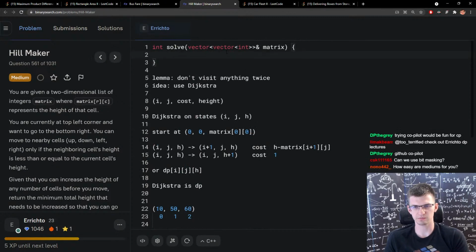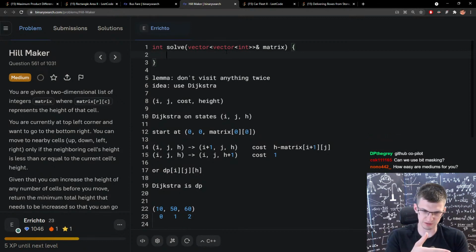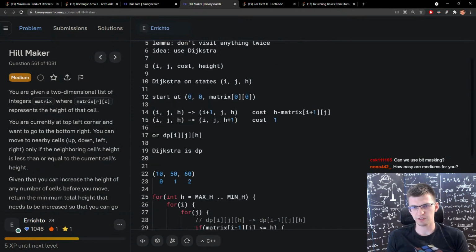That's a general true statement. In DP, if you have some order of computing states, edges can only go from one state to the next one, to something that you will consider later. And that's it. This is not really very interesting to implement. This, right? That's the solution.